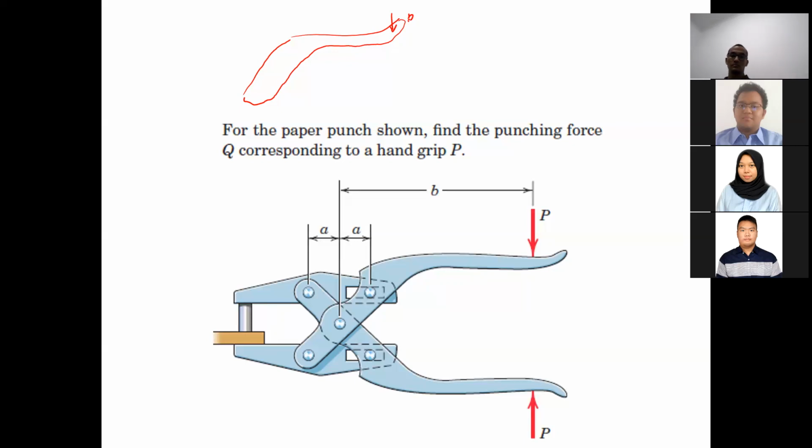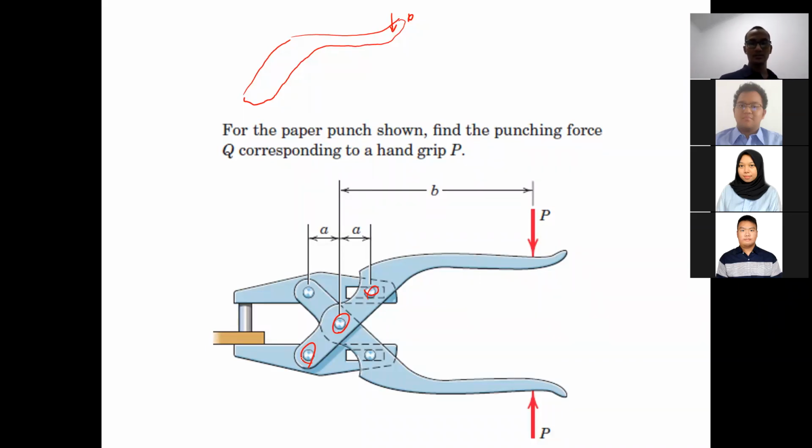The reaction force on the pin. Which pin? We have three pins, right? The top one. Okay, for the top one, as you can see there, it's like a slider, right? If it's a slider, what forces are you supposed to put there? Fy only, correct.